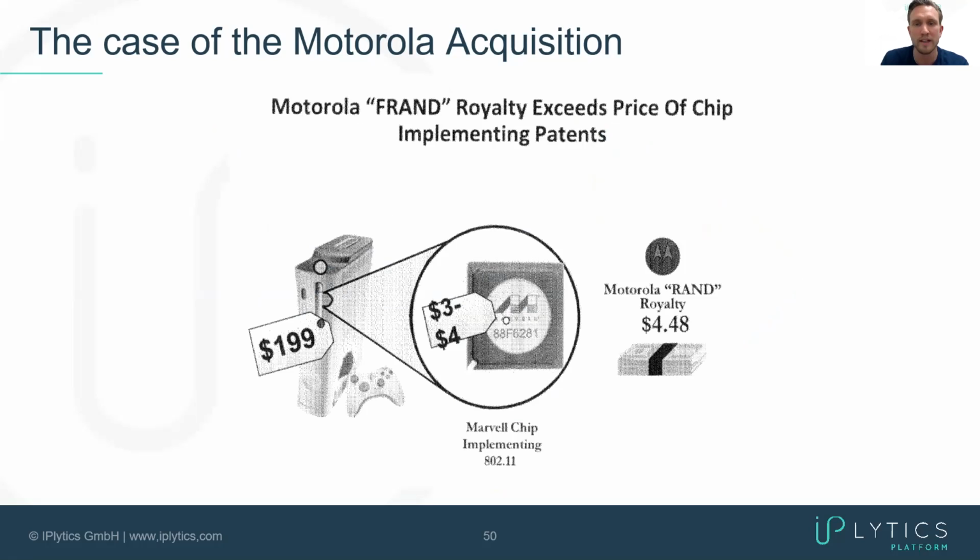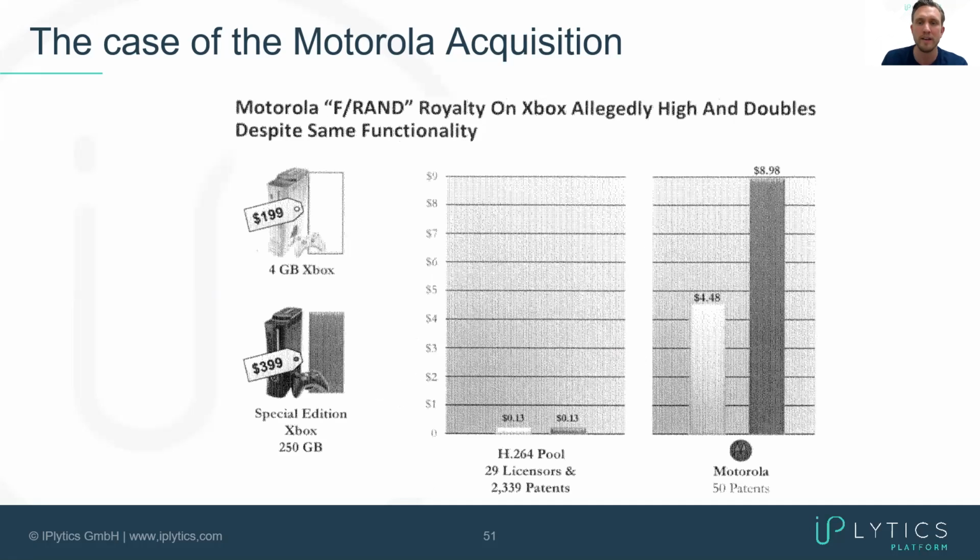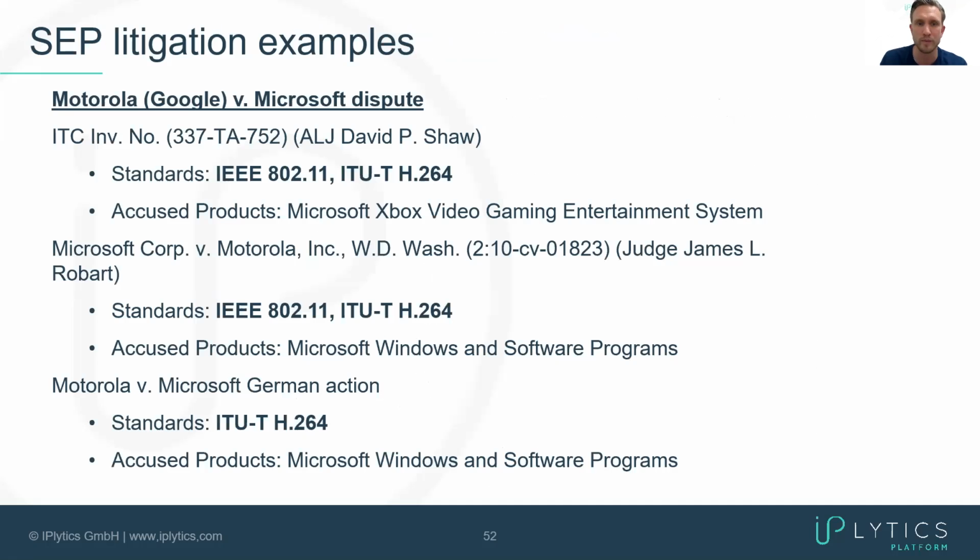Here, for example, $4.48, while the chip, the main intelligence of the Xbox, was worth only $3 to $4. They asked more than the chip. And they also asked more for other technologies like the video coding technologies than some patent pools, right? And from then on, a lot of disputes in court, Motorola, which was actually now Google, fighting Microsoft around standard essential patents.